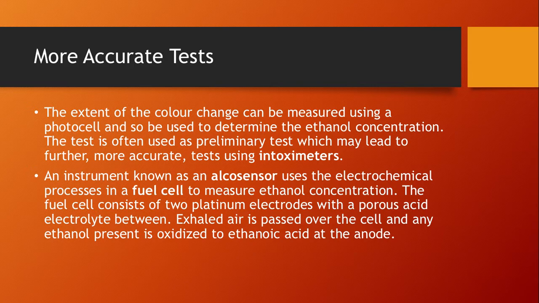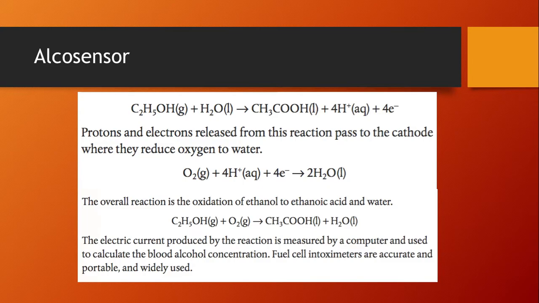Okay, so we're going to take a look at this redox chemistry that is actually occurring in this alkosensor. So here we have a series of equations where we have the ethanol being converted into ethanoic acid.